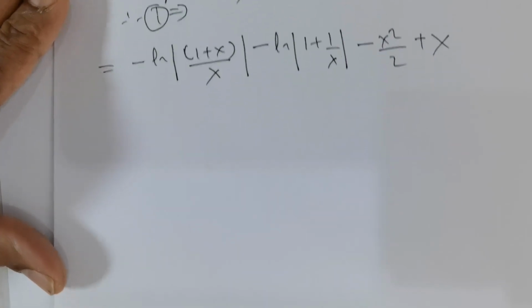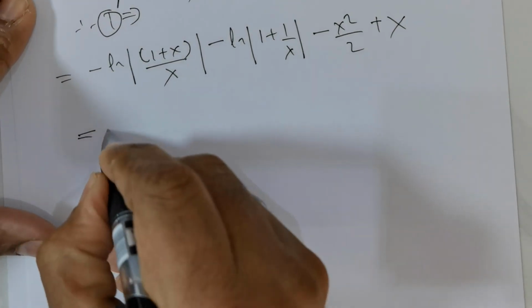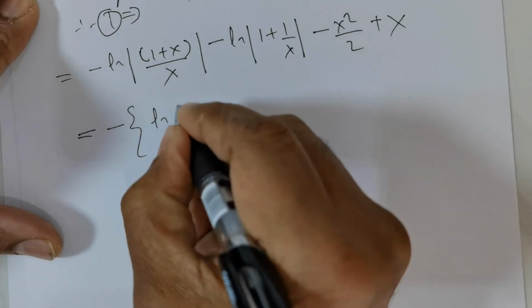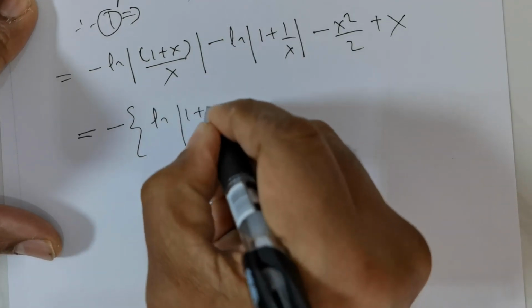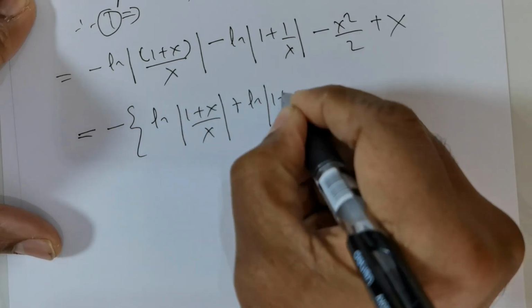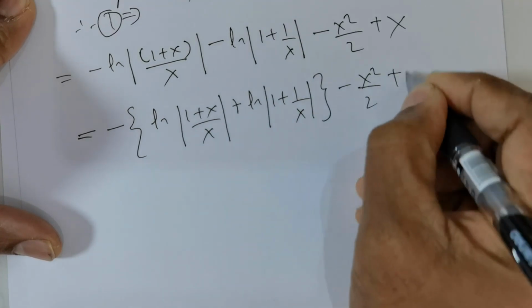So this is what you've got. Now you can take the negative sign out and rewrite this as ln of (1 + x)/x, plus ln of (1 + 1/x), minus x squared over 2 plus x.